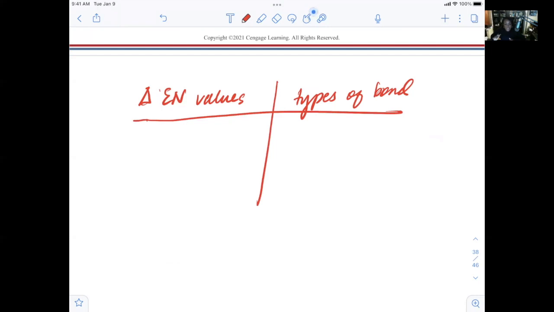If the gap between the electronegativity values of two elements is 0, you're going to find the difference and then figure out the absolute value of that, and I'll show you how to do that. If the difference is 0, the type of bond is usually called pure covalent bond. Sometimes it's called non-covalent bond.